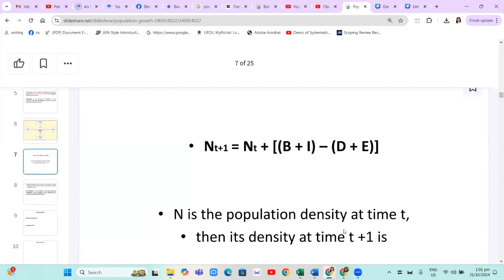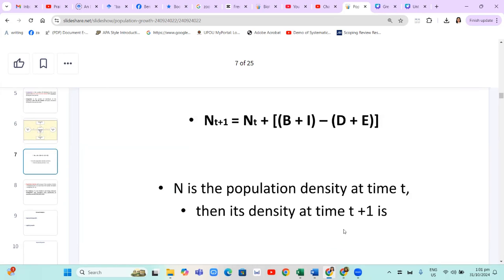The formula is N(t+1) = N(t) + B + I - D - E, where N is the population density at time t. Then its density at time t+1 is given by this formula.